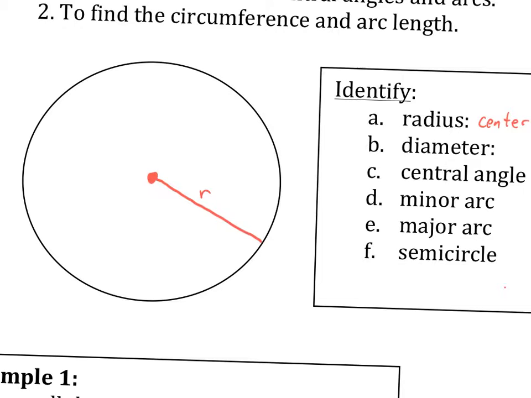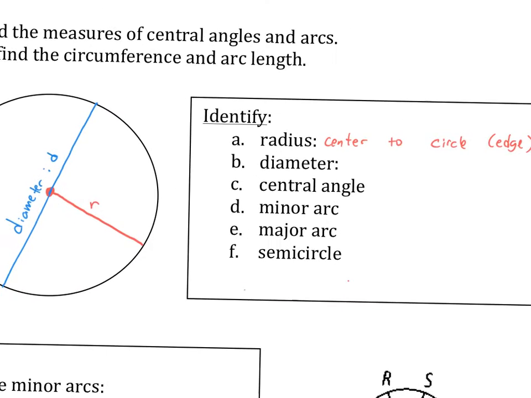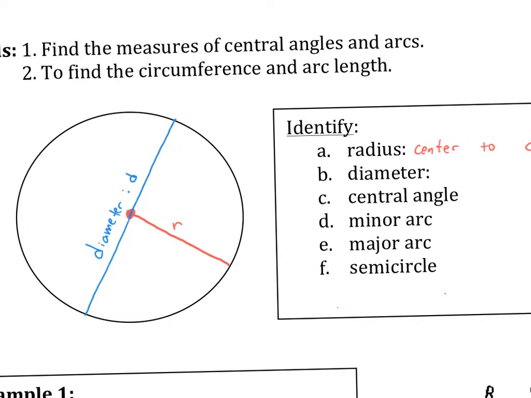Next, we have a diameter, and a diameter is edge to edge. So this whole thing is called the diameter, and it usually is represented by the lowercase letter d. How many R's make a D?